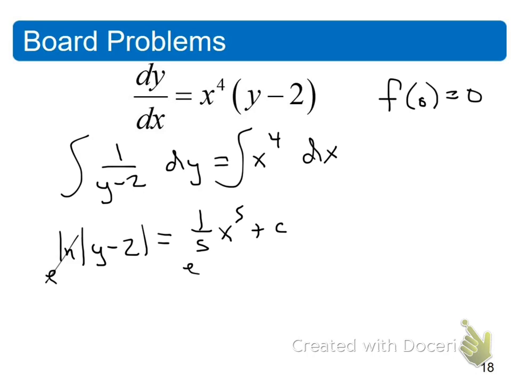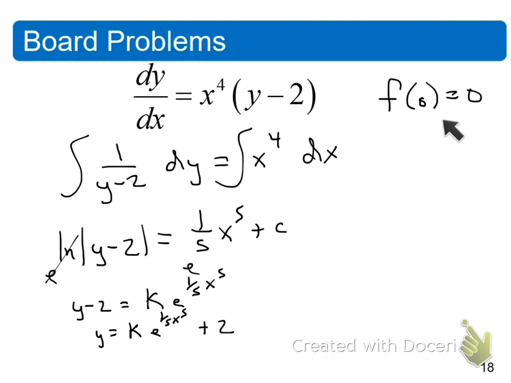Now I have y minus 2 equals, let me emphasize it one more time, this is e to all this, so this is this, times e to the c, we're calling e to the c the constant k, e to the 1/5 x to the 5th. We all cool with that? And add 2, y equals the constant k, e to the 1/5 x to the 5th plus 2.